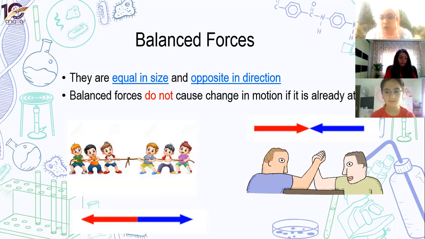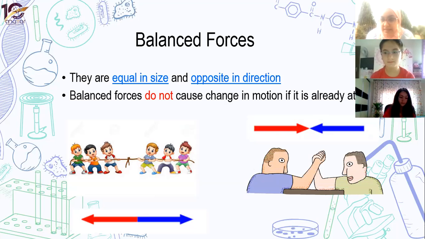In here also, same arrows, but different direction. Same size, different direction. It doesn't matter if they are like this or like this, as long as they are in opposite directions, but equal in size.